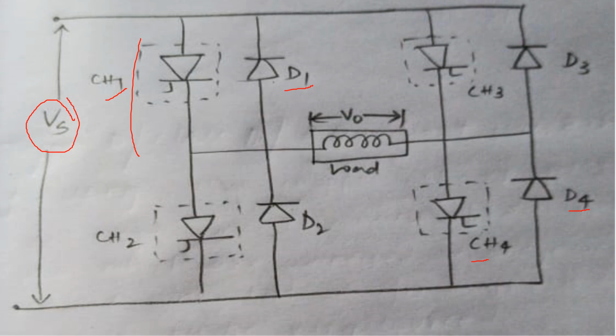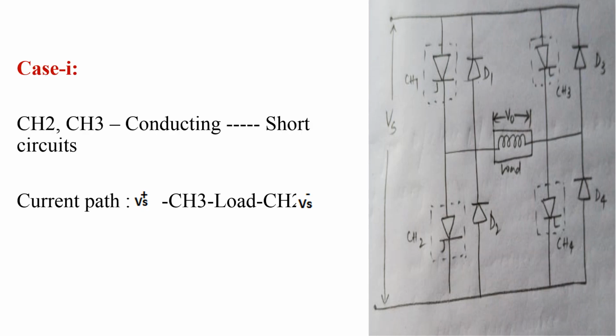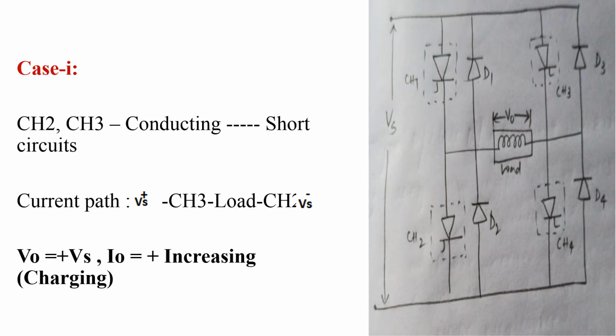Now coming to working, it is very simple. The working of class E chopper circuit can be explained in 4 cases. Now consider first case. This is a circuit diagram which represents case 1.